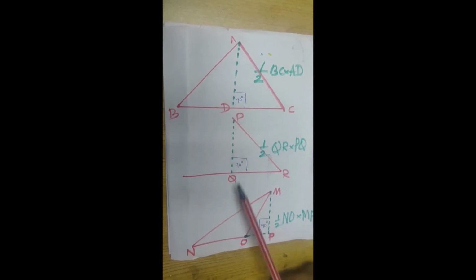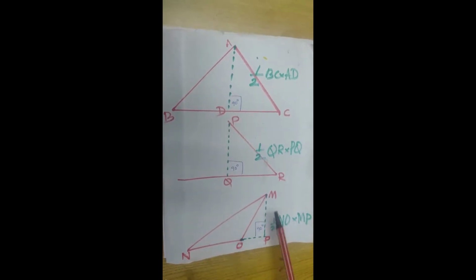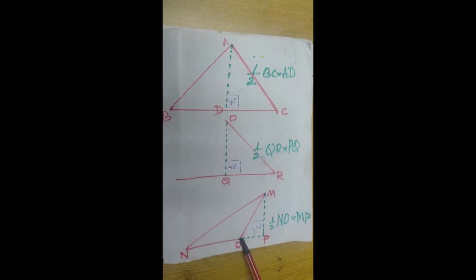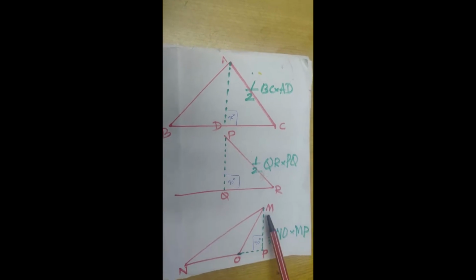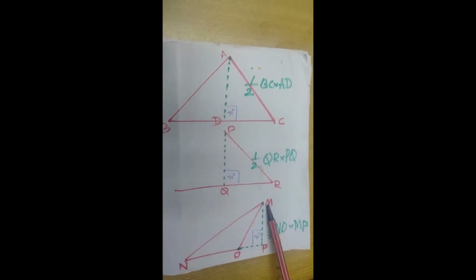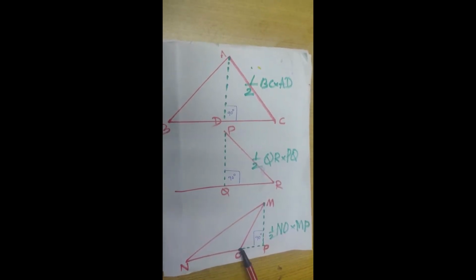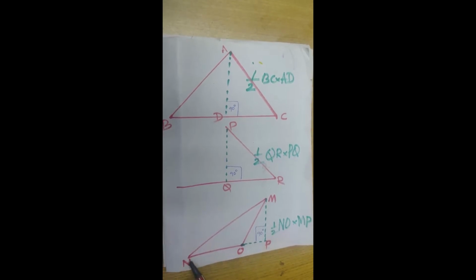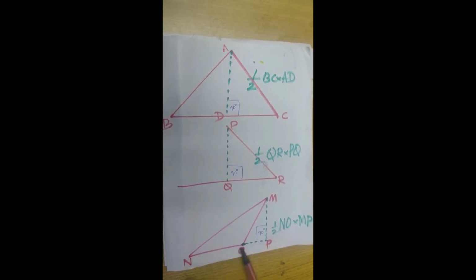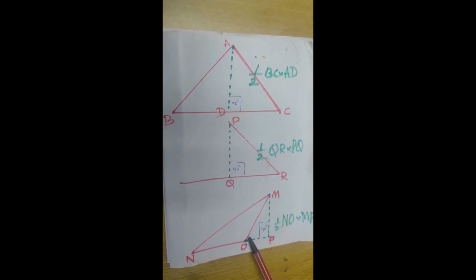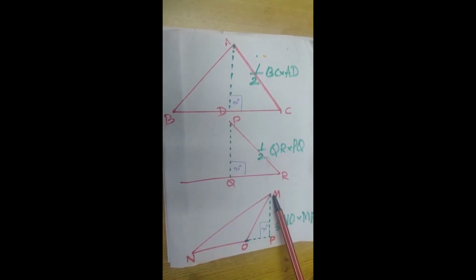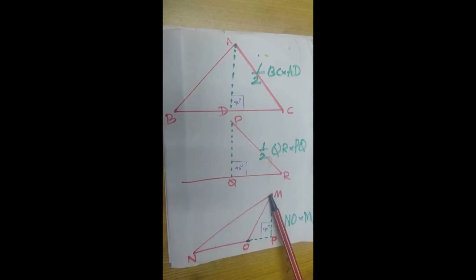And coming to the third one, area of MNO. Please note, MNO is the triangle's name. I want to find out the area of the MNO triangle. If we consider the base as NO, MO is not the altitude or height, and MN is also not.